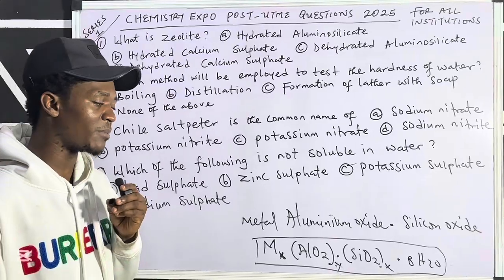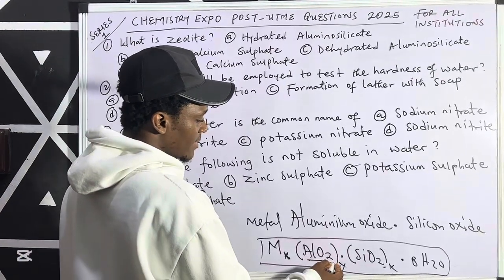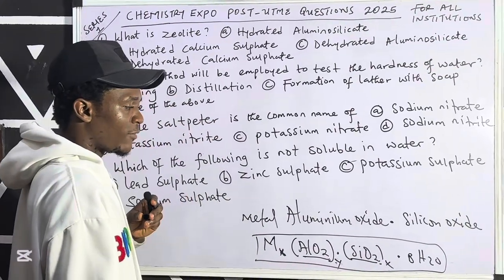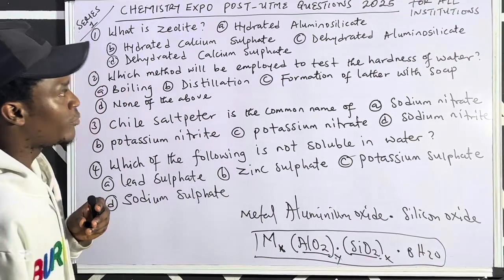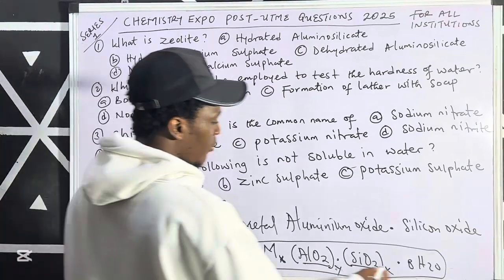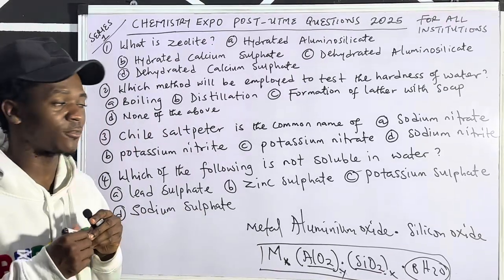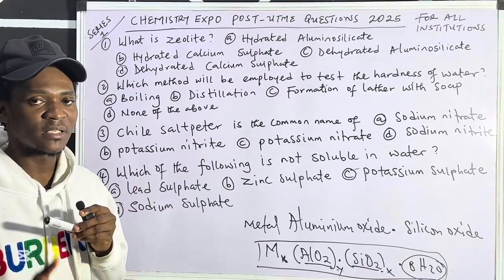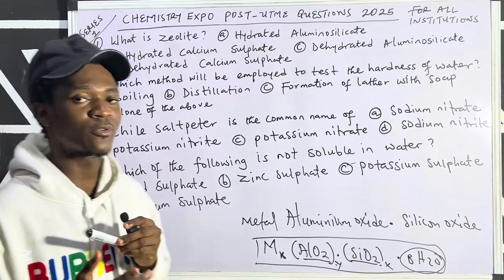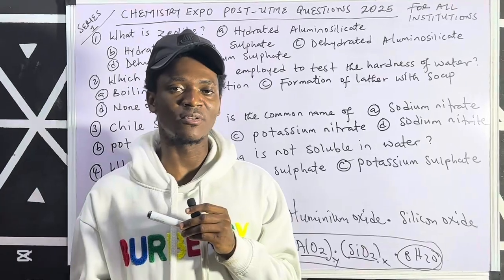The basic thing about zeolite is that it contains this aluminium oxide in combination with silicon oxide, and then it forms what is known as aluminosilicate. And then you now have water of crystallization attached to it. So in that case, since water of crystallization is attached to that compound, then it means the compound is hydrated. Because even when you study your salts very well, one of the properties of salts happens to be efflorescence.